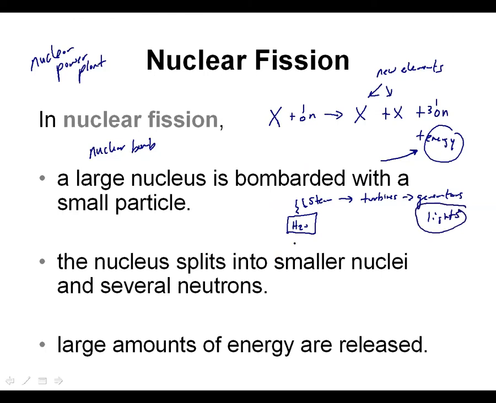The difference between a traditional power plant and a nuclear power plant is how they heat the water. In a traditional power plant, they heat the water a lot of times with coal, so they burn coal in an exothermic reaction, and the heat from that reaction will heat the water.